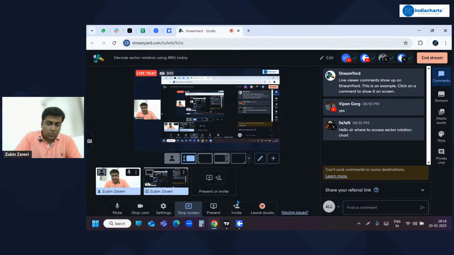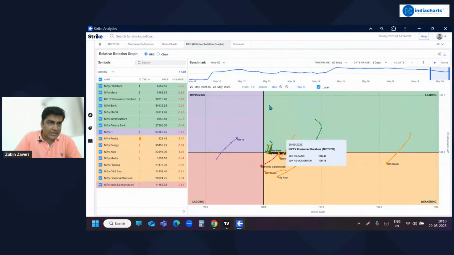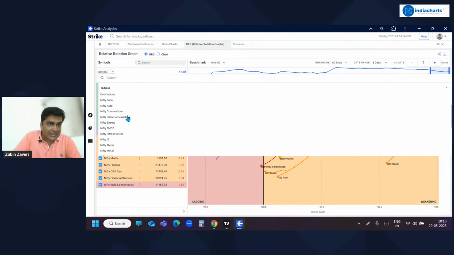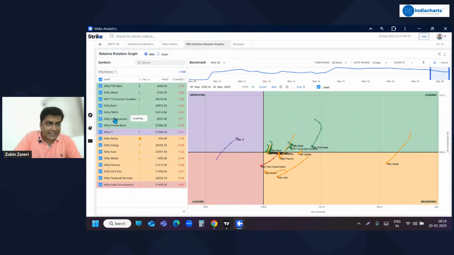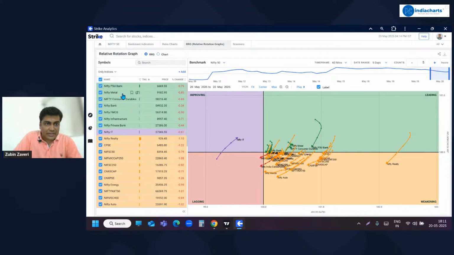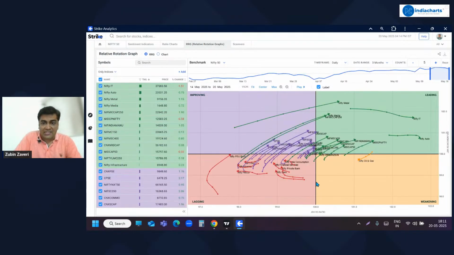Now, there are two things to it. When you open this for the first time, you will get only the indices page like this, and the time frame will be selected as the daily time frame. This is the default view that you will get when you open it for the first time. Now if you wish, you can simply click and deselect some of them.